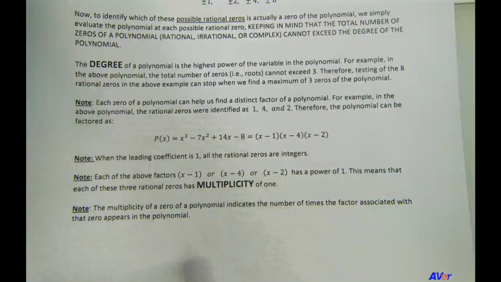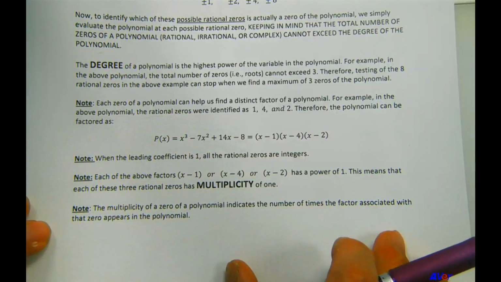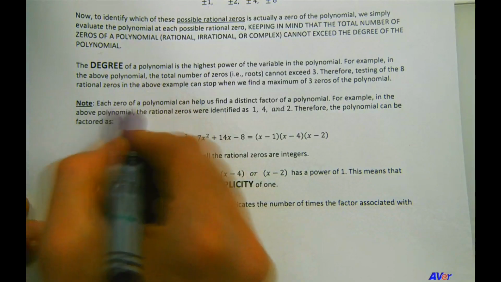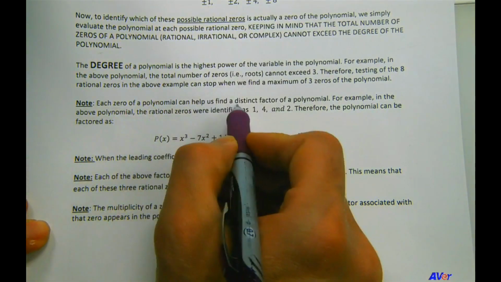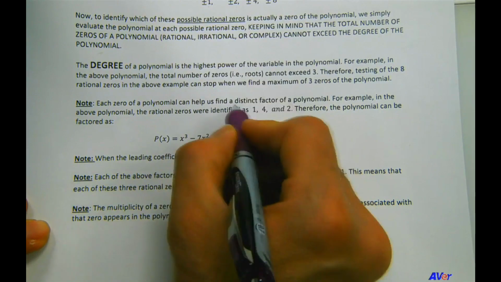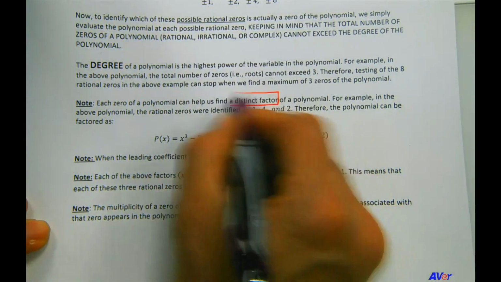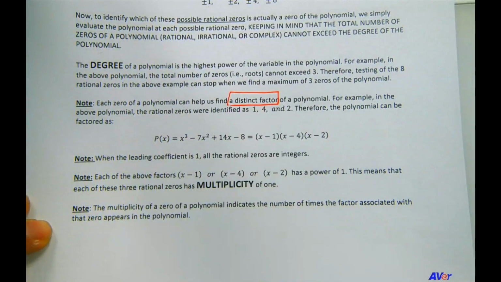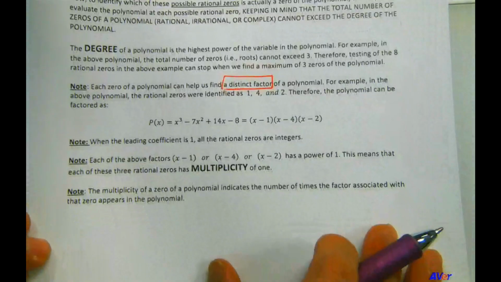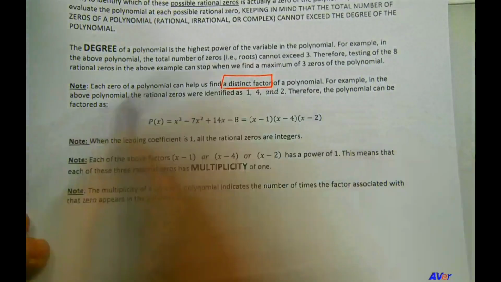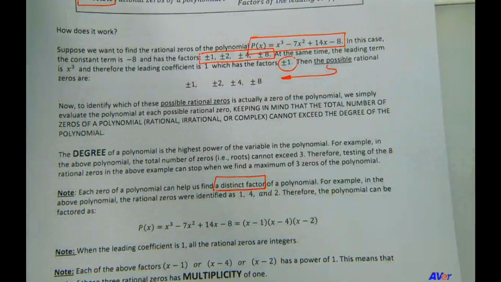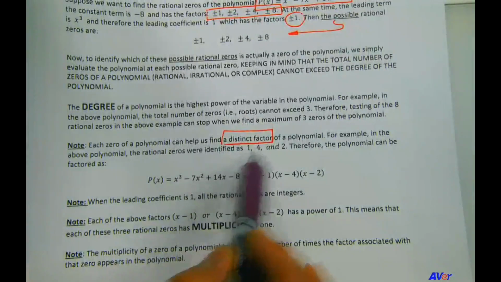The implication of finding a zero of a polynomial is that each of these zeros can help us find a distinct factor of the polynomial, and you'll see how it works today. For example, in the above polynomial, the rational zeros were identified as 1, 4, 2.